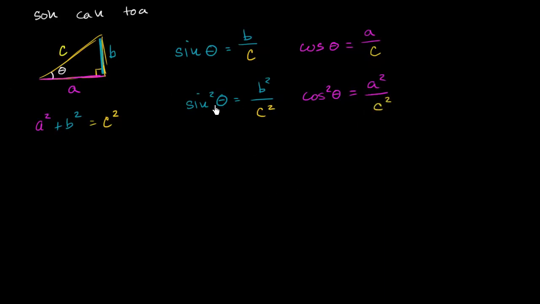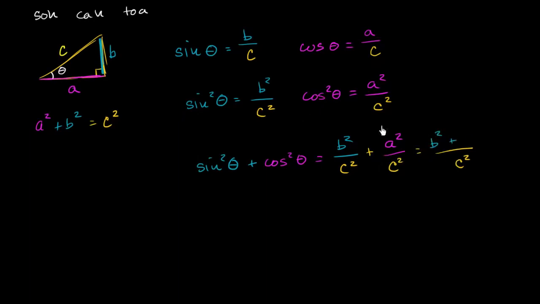So what's this sum? What's sine squared theta plus cosine squared theta? Sine squared theta is b squared over c squared, plus a squared over c squared, which is going to be equal to, well, we have a common denominator of c squared, and the numerator we have b squared plus a squared.